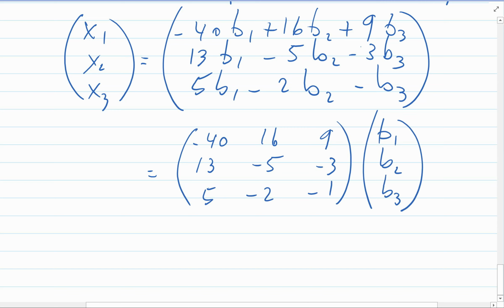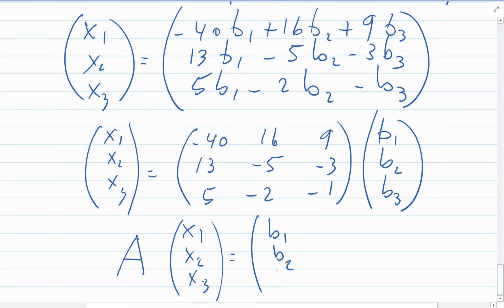Okay, and if we use the matrix representation of the system, we know that we have the coefficient matrix A that we gave before, times x1, x2, x3 equal b1, b2, b3. That's the matrix representation of the system.